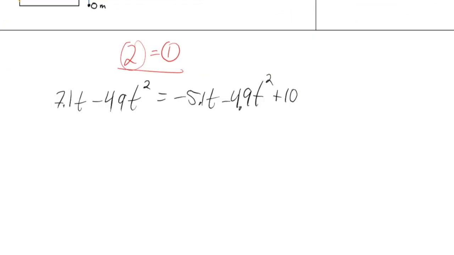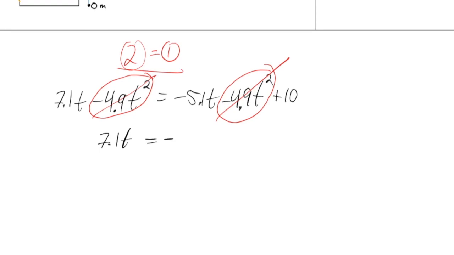Zooming in, a little bit of good news here. Notice this. We have a negative 4.9 T squared on the left side and a negative 4.9 T squared on the right, and they eliminate. And that is a nice relief because that reduces the quadratic property of this question. And then all of a sudden, it becomes a linear question.